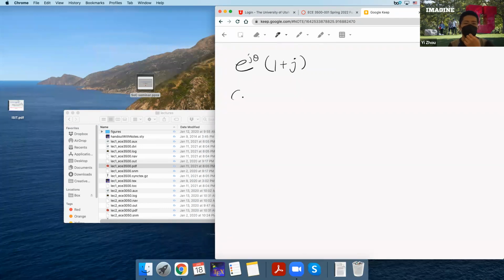Write down its Cartesian form and polar form.